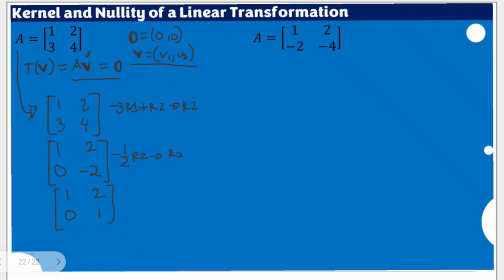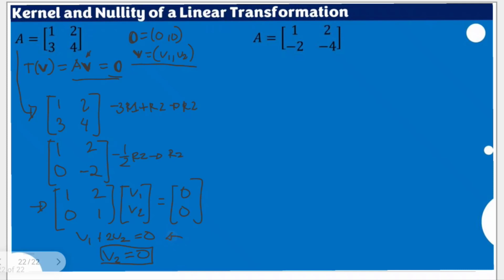Now, instead of using the original matrix A in this form, we will be using this and multiply it with our vector v sub 1 and v sub 2. It's now even easier because we have a simpler form of a matrix. And again, this would be equal to 0, 0, which is your 0 vector. So once you multiply that, you will have v sub 1 plus 2 v sub 2 being 0, and v sub 2 equal to 0. So we already have the component for v sub 2.